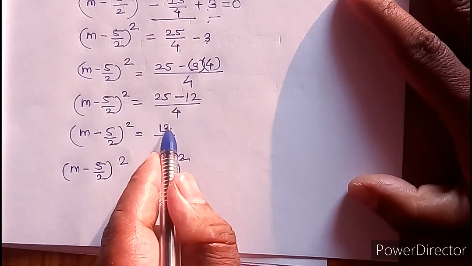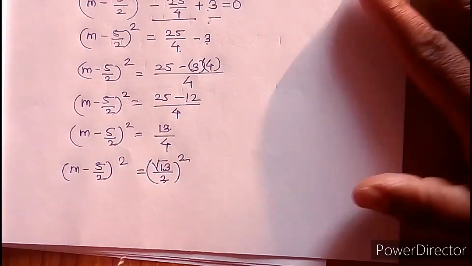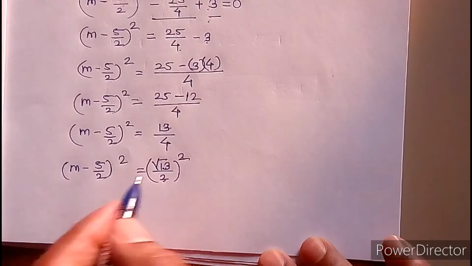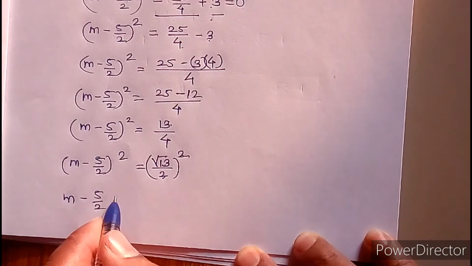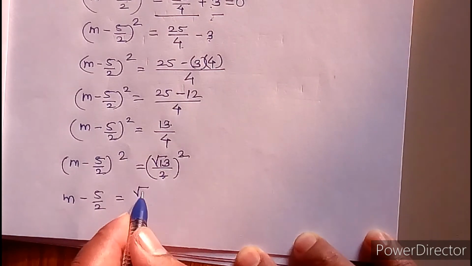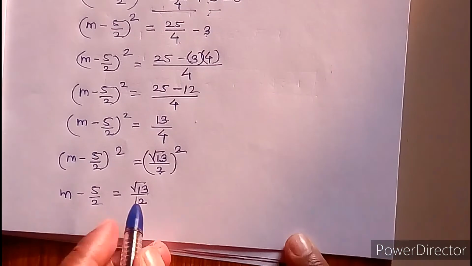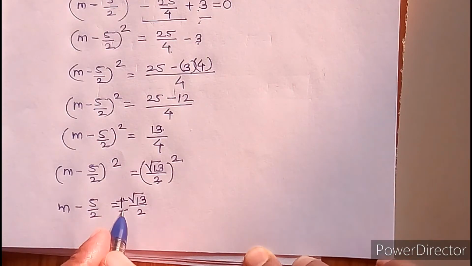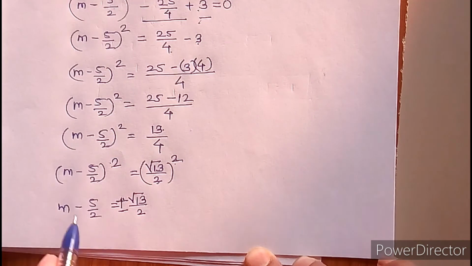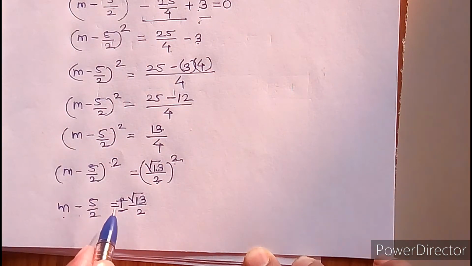Root of 13 square is 13 and square of 2 is 4. Now on removing the square, we get m minus 5 by 2 equals to root of 13 by 2. One important step we have to do is always take plus minus here when you remove the square sign. We get m minus 5 by 2 equals to plus minus root of 13 by 2.